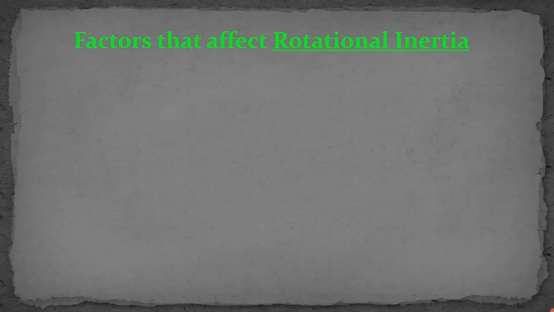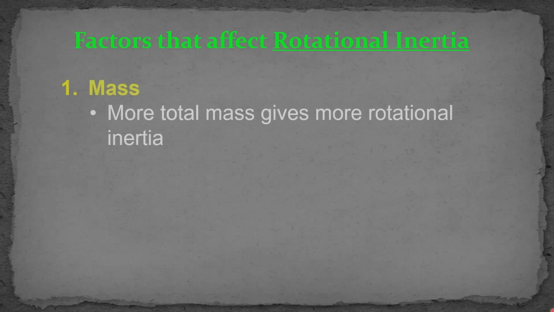So we need to define which factors are the primary influences on rotational inertia. The first should be fairly obvious. Mass is a primary consideration. So the more total mass you have, the more rotational inertia you'll have, meaning more resistance to changes in rotation with more mass.